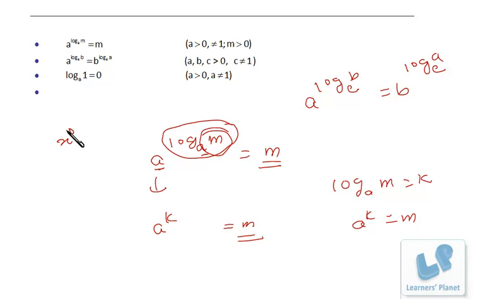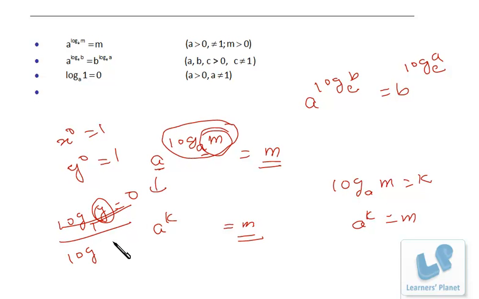Because any number raised to 0 is 1, whether x raised to 0, whether y raised to 0, whatever, right? So if I take logarithm, log 1 is 0, right? Doesn't matter what the base is, it will always be 0.